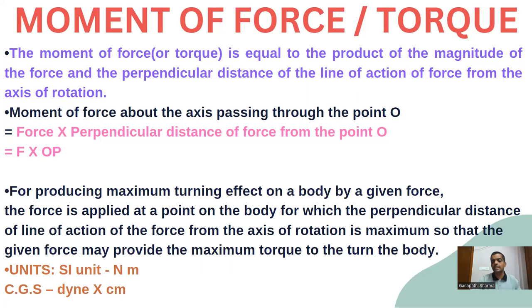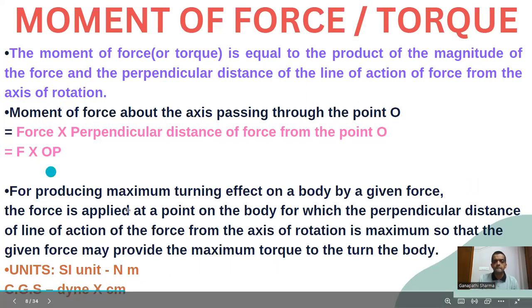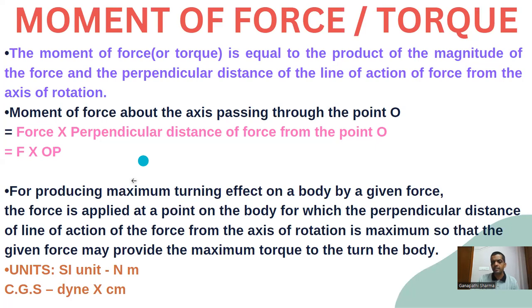Moment of force is dependent on force into perpendicular distance, that is F into OP, where O is the point of the axis and P is the perpendicular distance. The SI unit is Newton meter, the CGS unit is dyne centimeter. For getting maximum turning effect, the question comes, bacho, where should the force be applied, or what should be the perpendicular distance? Any guesses?